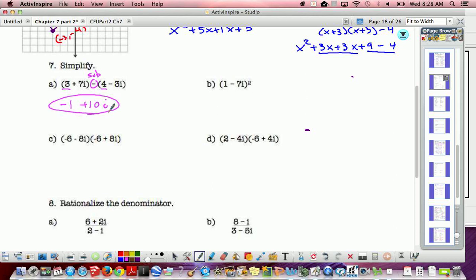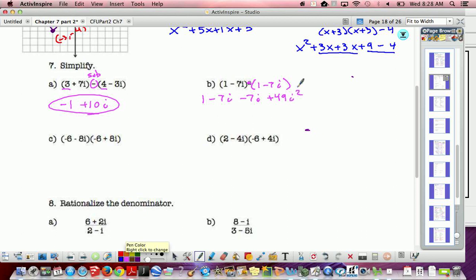On the second one here, we actually have to FOIL, because (1 minus 7i) squared is like saying, if I get rid of the square, (1 minus 7i) times (1 minus 7i). So I'm going to FOIL. 1 minus 7i minus 7i plus 49i squared.